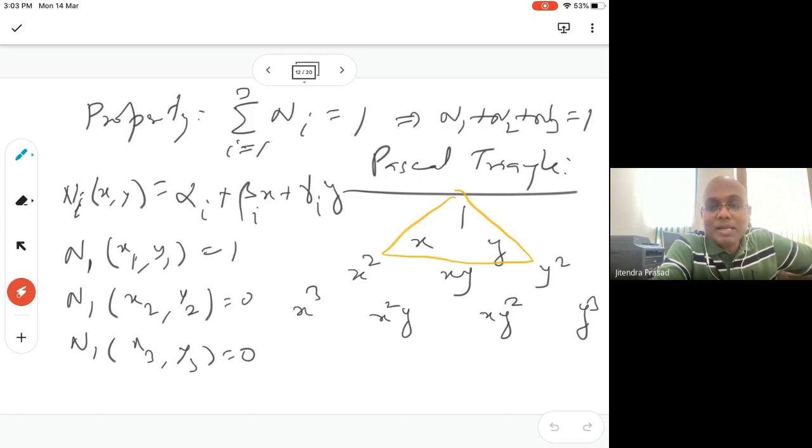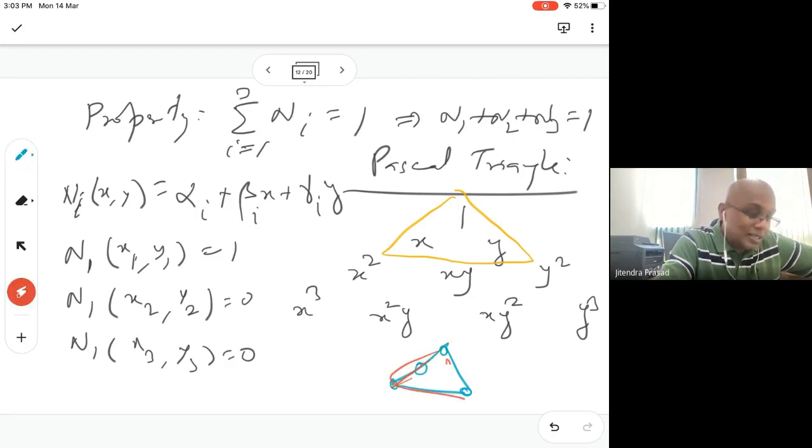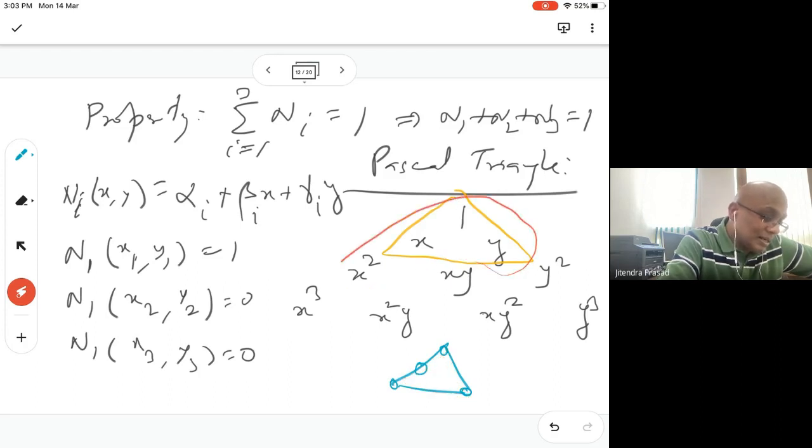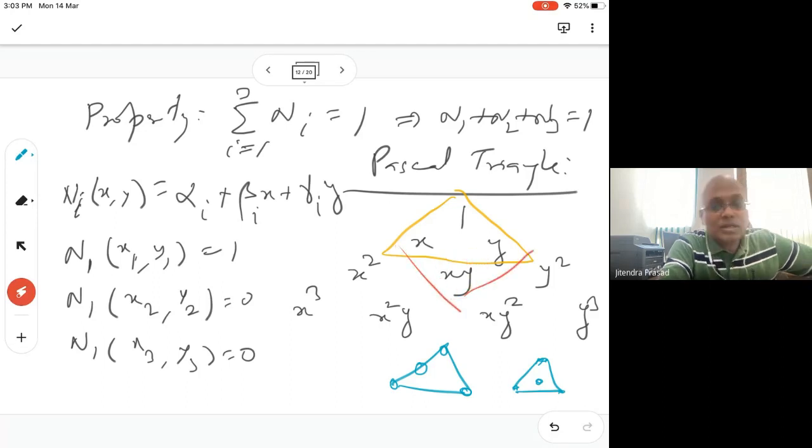If the element is not symmetric, let us say you have a triangular element with a node like this, then it's not symmetric, so you will take a 4 noded form, something like this. But if the node is right in the middle, then you know that it has to be this, and so on. Okay, sir.